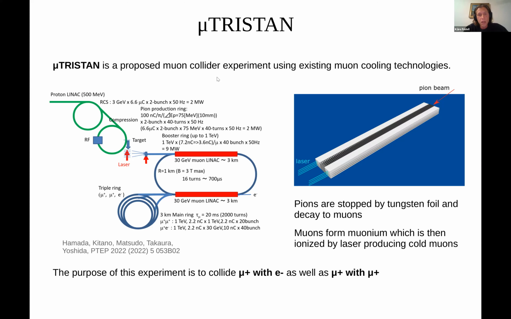And the way that they are getting their cold muons can also be used for this collider. So what would happen is that we have a proton beam that gets smashed on a target to produce a bunch of pions, and the pions are collected and stopped by a series of tungsten foils, and after they stop, they decay into muons.